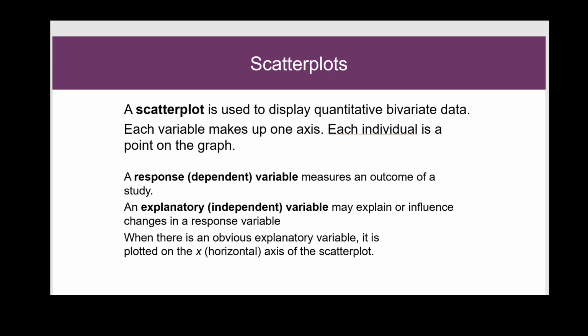The one on the x-axis is always the explanatory variable, and the one on the y-axis is the dependent variable. So the dependent variable or response variable is y. The explanatory variable or independent variable is x. X is always the horizontal axis and y is the vertical axis.